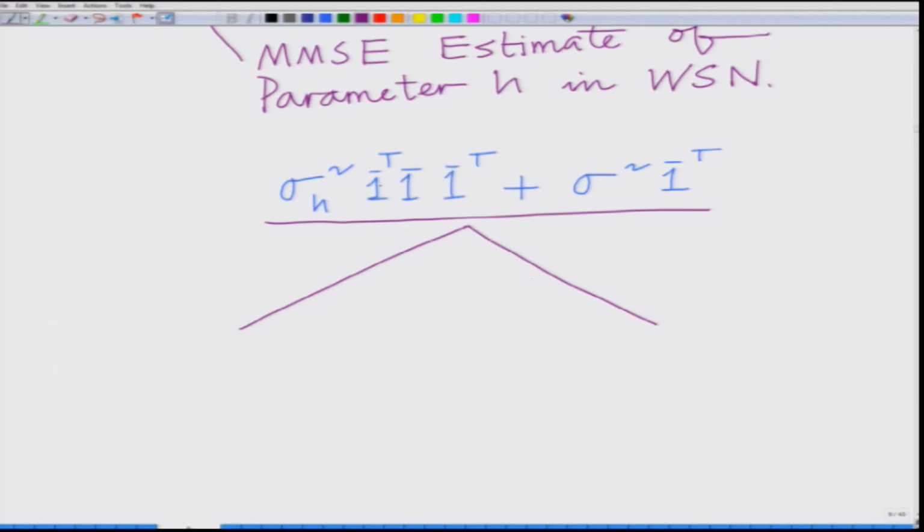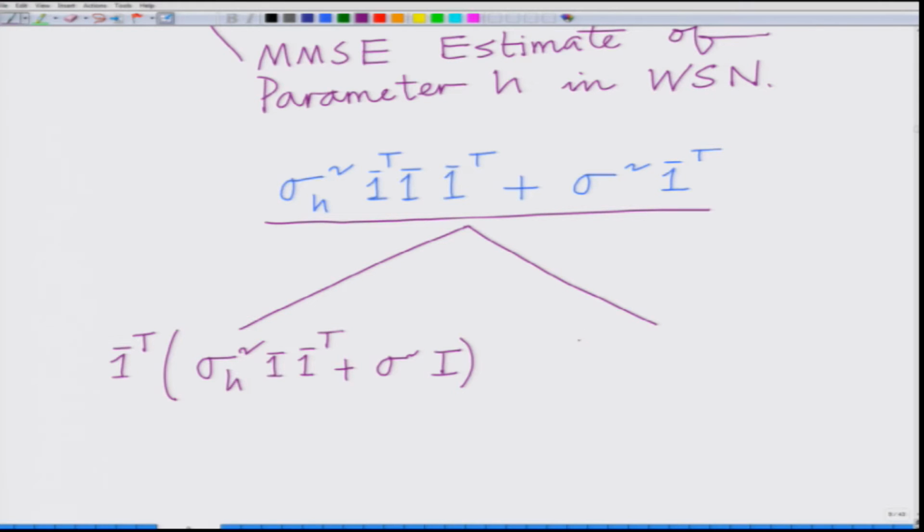First, I can take 1 bar transpose out on the left, and then this becomes 1 bar transpose times sigma h square 1 bar 1 bar transpose plus sigma square times identity.